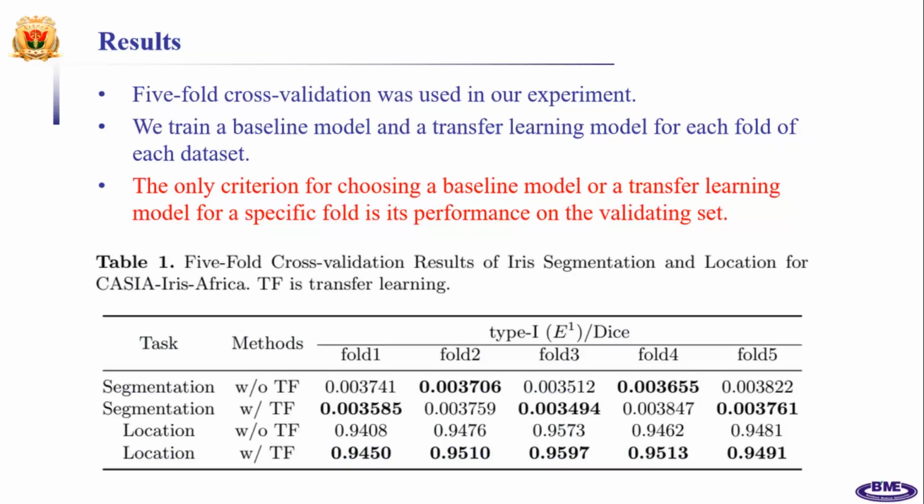5-fold cross validation was used in our experiment. We trained a baseline model and a transfer learning model for each fold of each dataset. The baseline model is trained based on the ImageNet pre-trained model instead of the iris data pre-trained model.